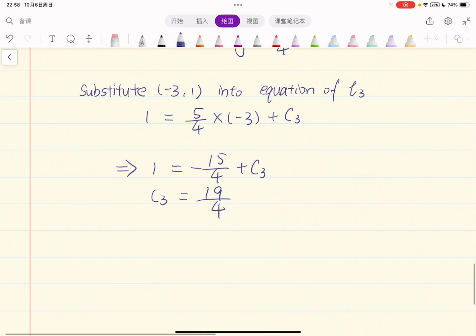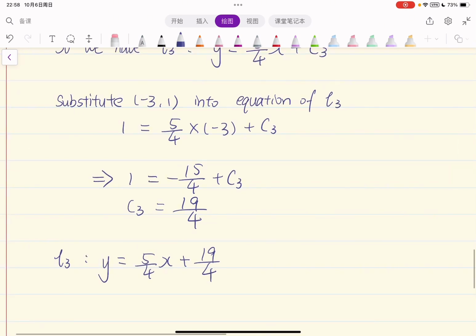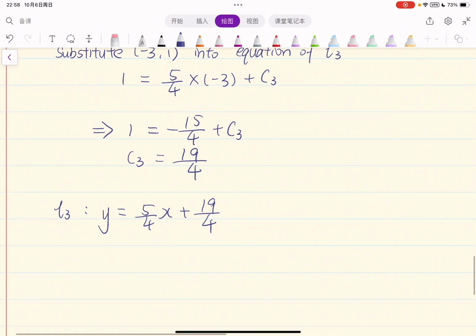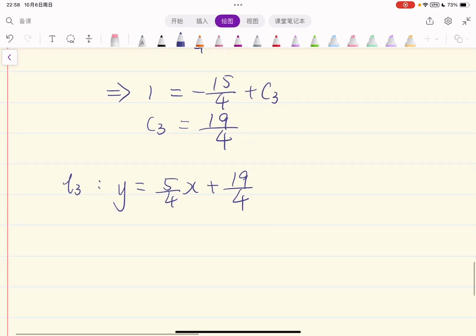Thus, the equation of L3 is y equals 5 over 4 x plus 19 over 4. To write it in the form ax plus by plus c equals 0, we multiply both sides by the lowest common multiple, that is 4.